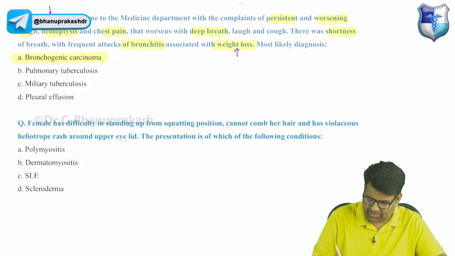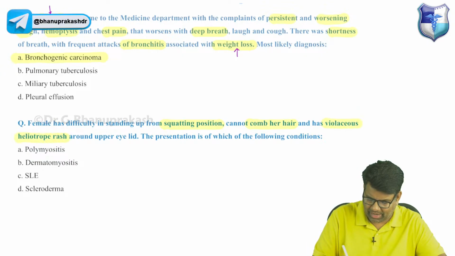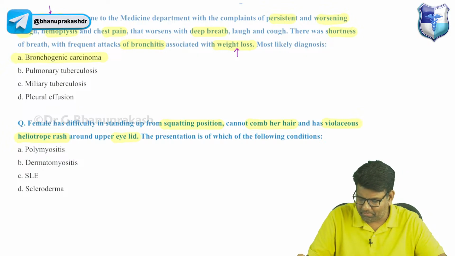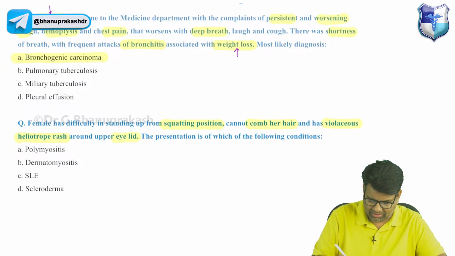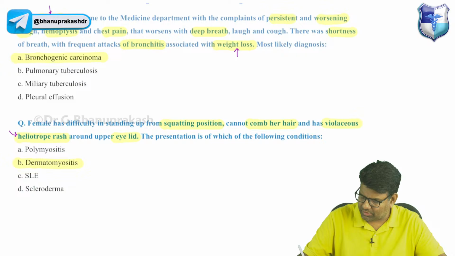Now, a female has difficulty in standing up from squatting position, cannot comb her hair, and has a violaceous heliotrope rash around the upper eyelid. What is this? Yes, perfect. This is dermatomyositis. So this heliotrope rash is the classical picture.